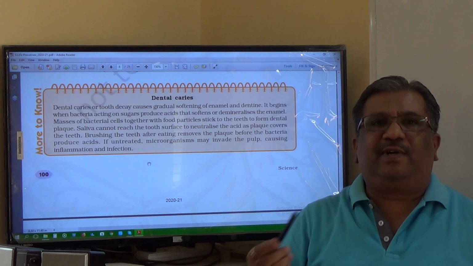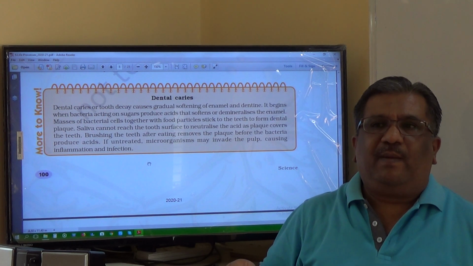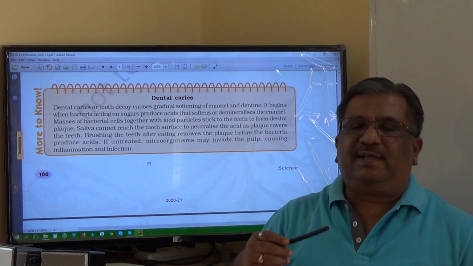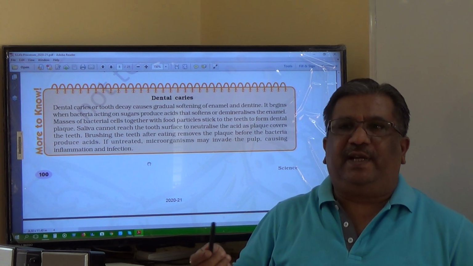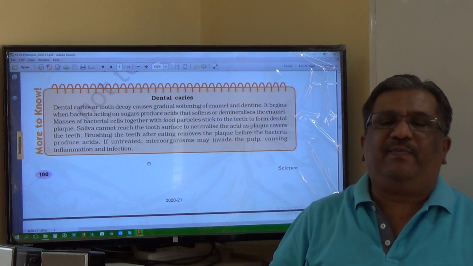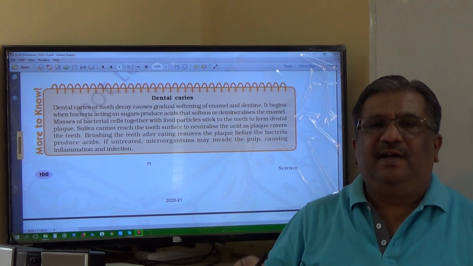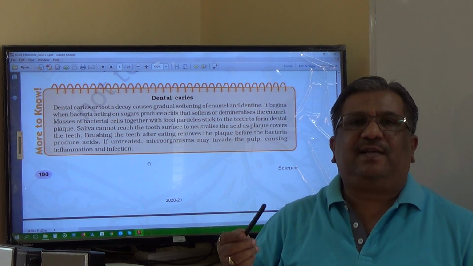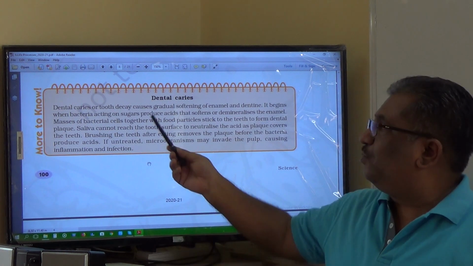The sugar is converted into acids by the bacteria. So when the acid content of the mouth increases, due to the corrosion action of the acid, the tooth enamel gets corroded, and therefore tooth decay occurs.